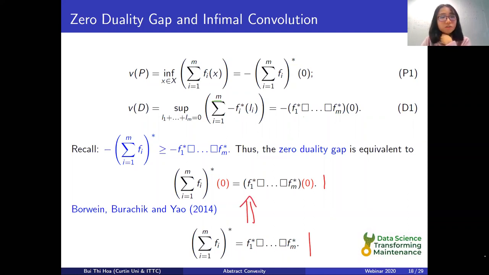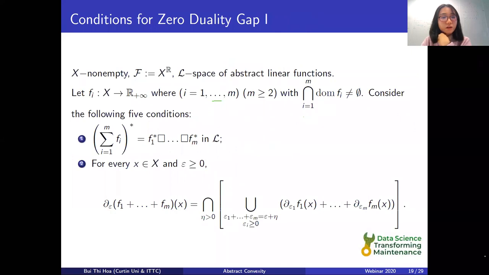So what do we have for abstract convexity? Keep in mind that the functions f_i here are not necessarily convex, so we don't care about any property of the functions f_i.